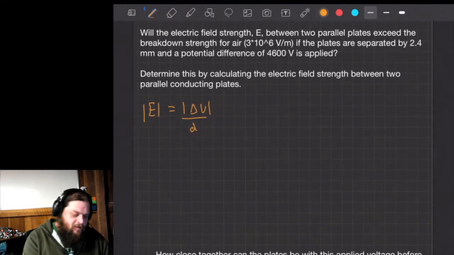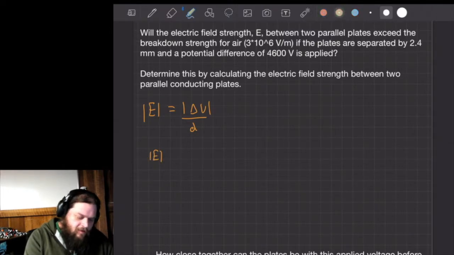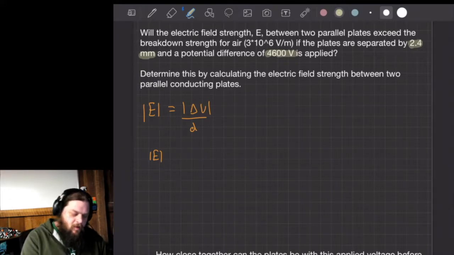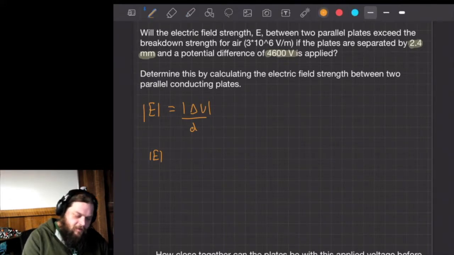Using the values up here, 4,600 volts and a distance of 2.4 millimeters, the electric field is simply 4,600 volts divided by, I'm going to change this to meters.